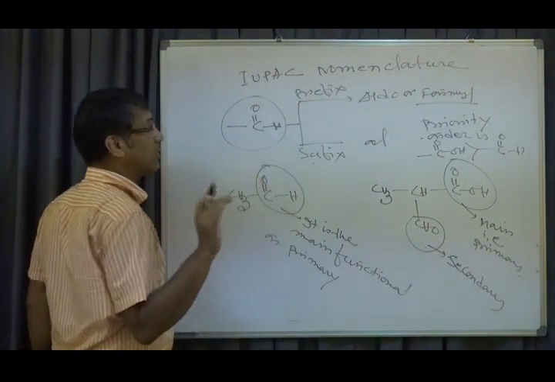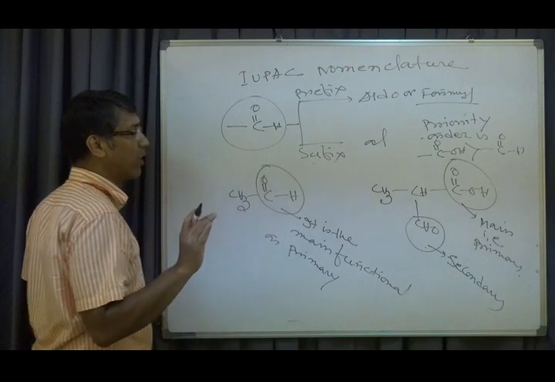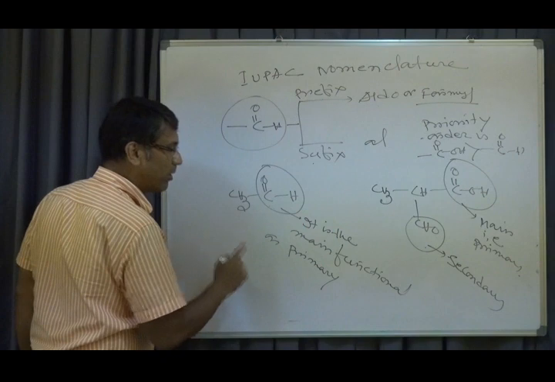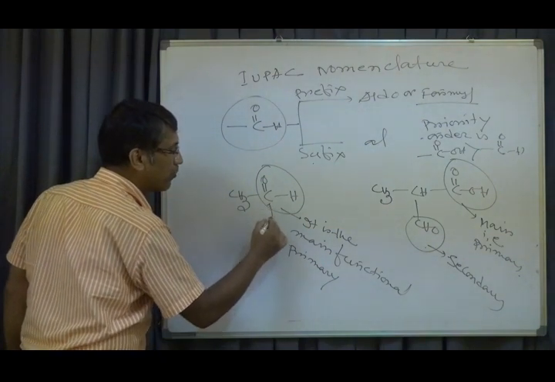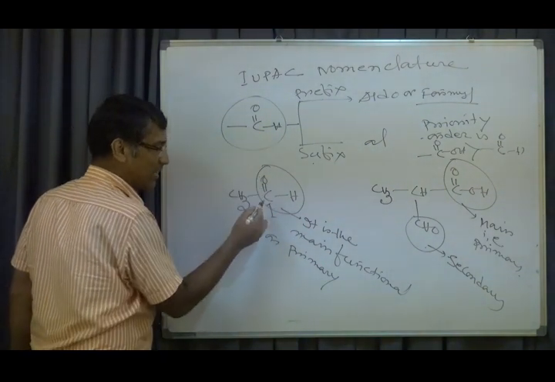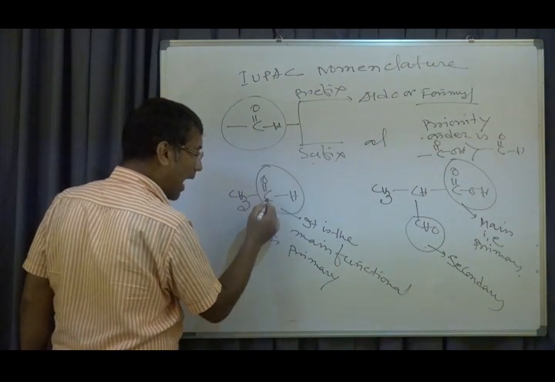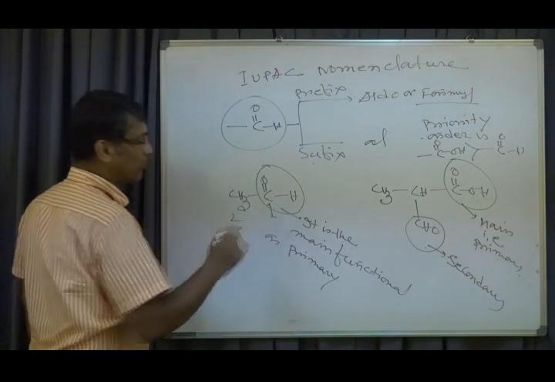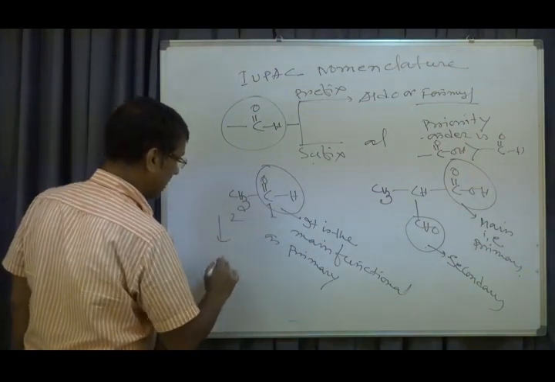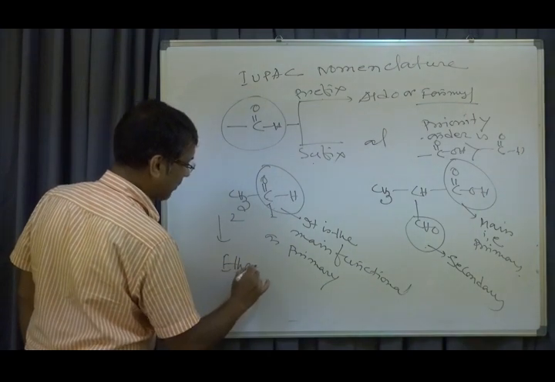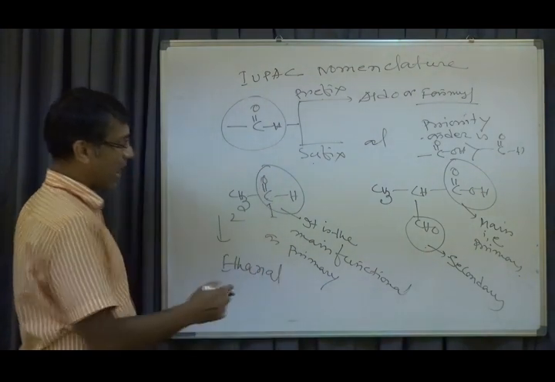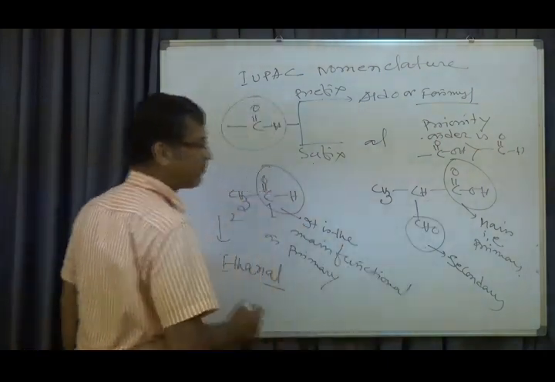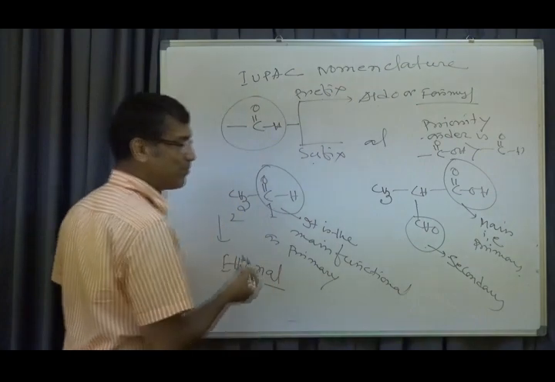Another rule is that in case of a carbon-containing functional group, you have to start numbering from that carbon which belongs to the functional group. So the aldehyde carbon is number 1 and the next is 2. So its name is ethanal, with suffix al. In the other case, the carboxylic acid is primary and the aldehyde is secondary.